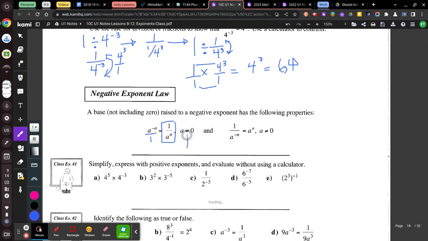And why do you think they're saying A can't be equal to 0? Well, think about what the digit 0 is. It's always a positive number. 0 is always considered positive. But what kind of number is this? What kind of a digit, what kind of a number is that?